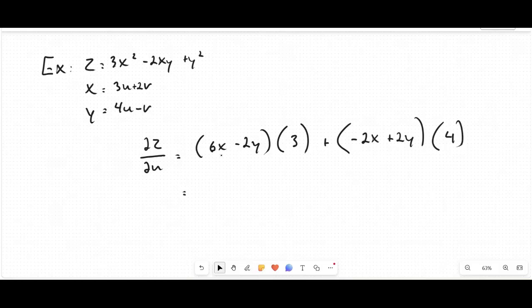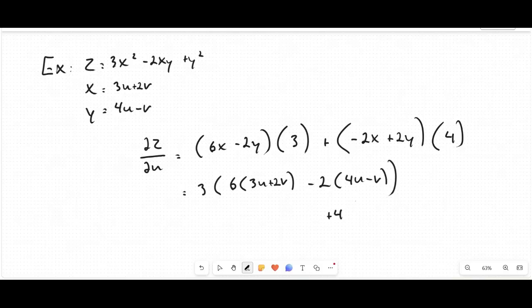Now if we want to keep things in terms of u and v, then we want 3 times (6 times (3u plus 2v) minus 2 times (4u minus v)), and then plus 4 times (minus 2 times (3u plus 2v) plus 2 times (4u minus v)).